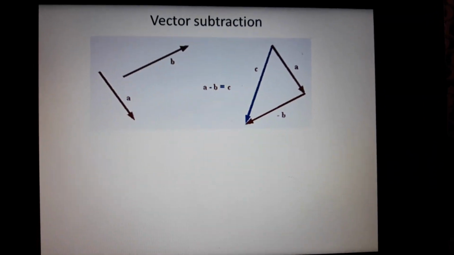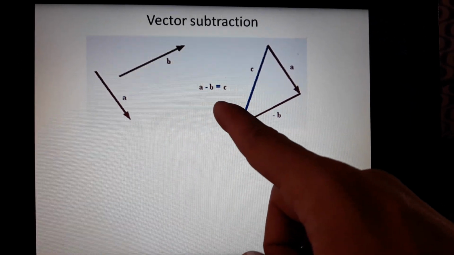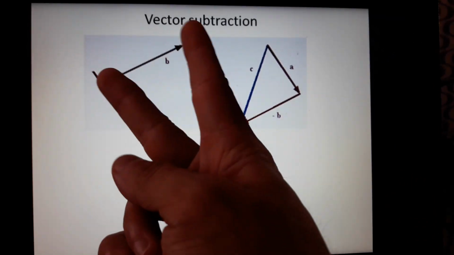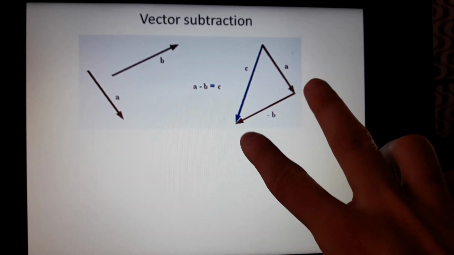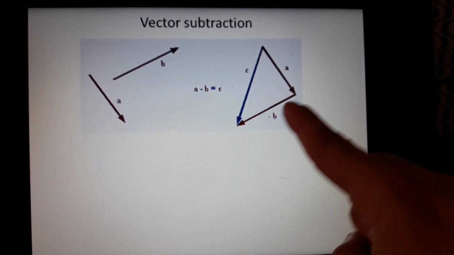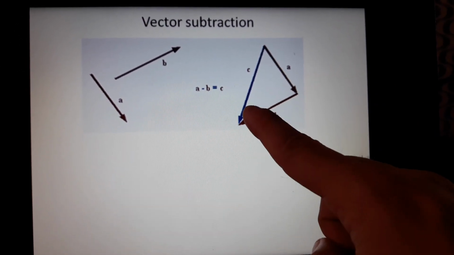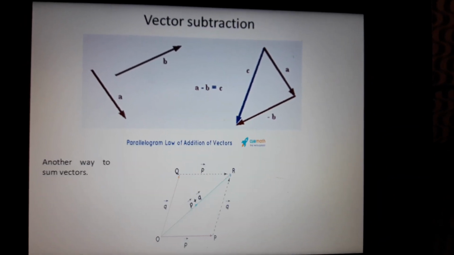Vector subtraction: a minus b equals c. Why? We have the vector b, and we change the direction here. A plus minus b, we have the vector c. We change the direction because it is minus.